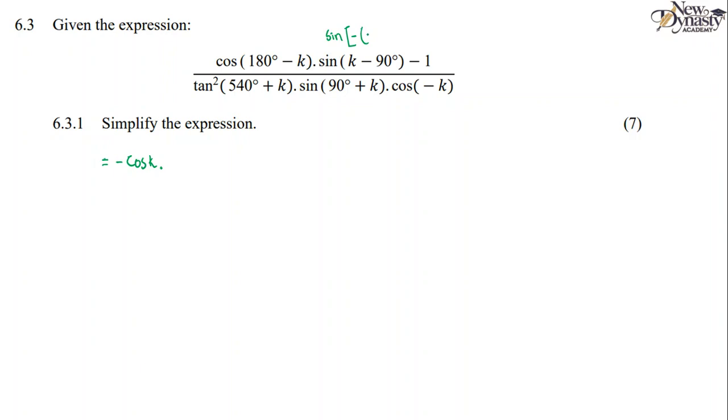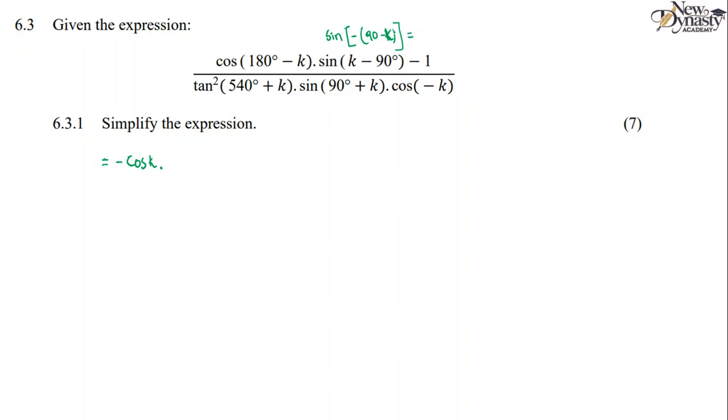Then we have 90 minus k. Mathematically, this is one and the same thing, because when you multiply the negative sign into the bracket, your 90 is going to be negative and your k is going to be positive.